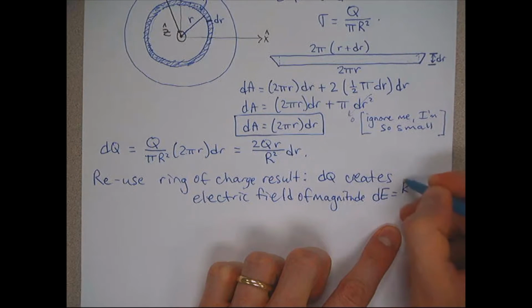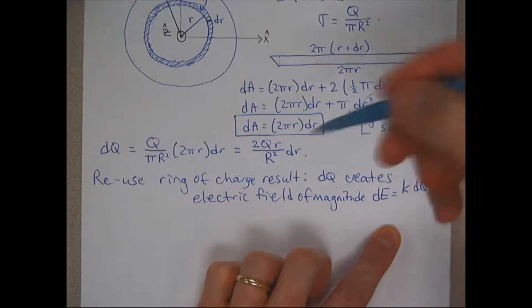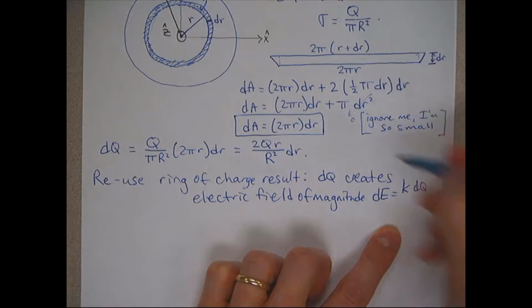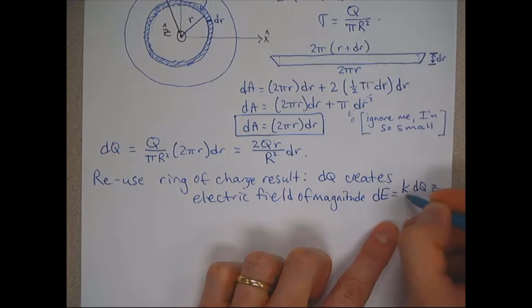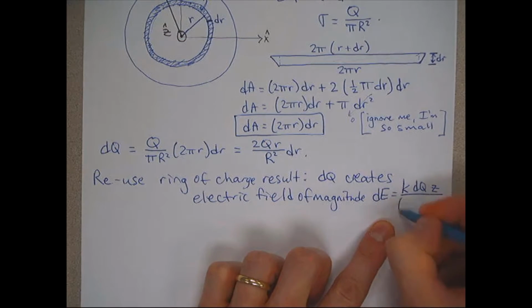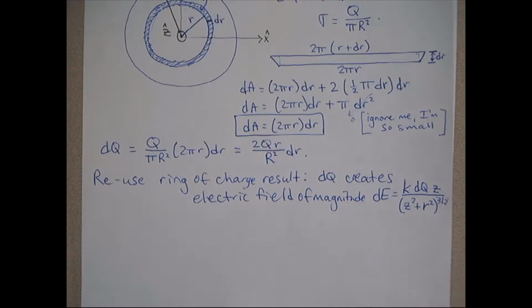And I'll just write out the result. You may look back in your notes. It's k dq. Now we have to replace the charge on that ring with the charge on this ring, which is a smaller dq. Had a z in the numerator, divide by z squared plus now the variable radius squared to the 3/2 power.